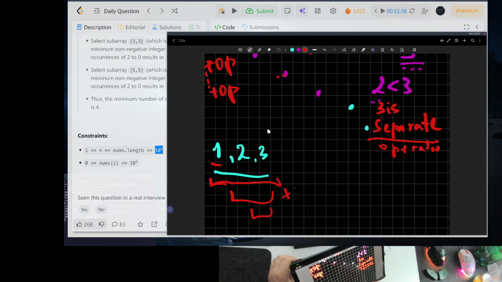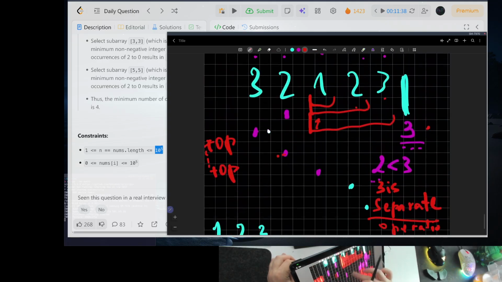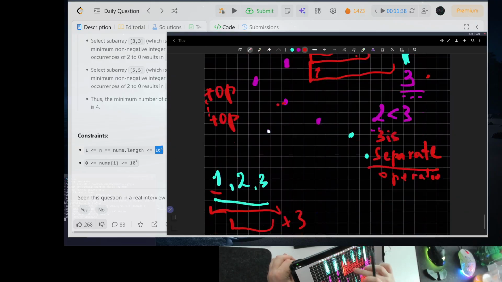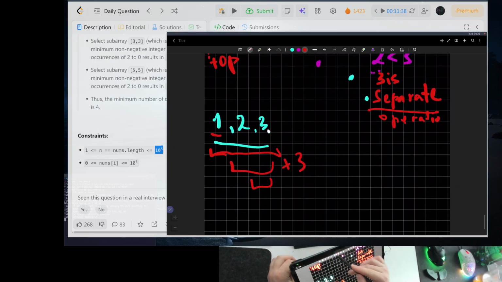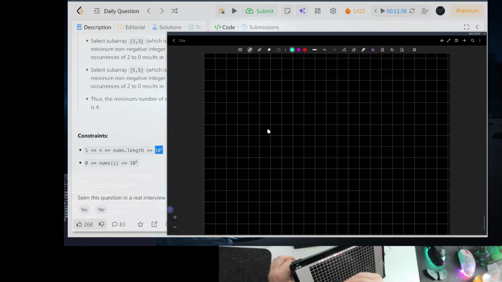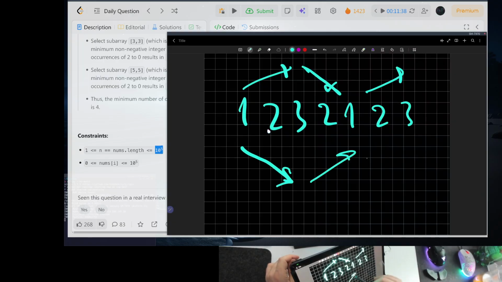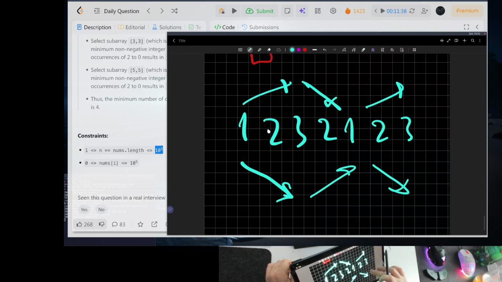It will just be plus 3. So this intuition works. You can check this on any other combinations, like grow, then decrease, then grow again. It would be a working solution.